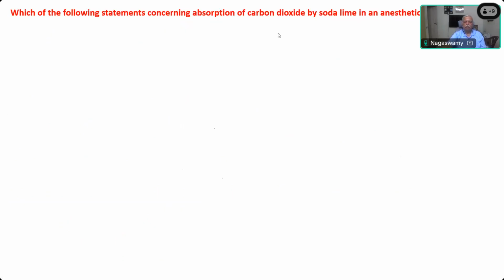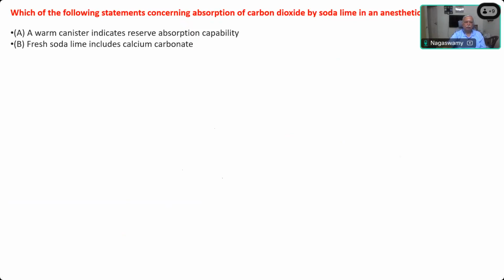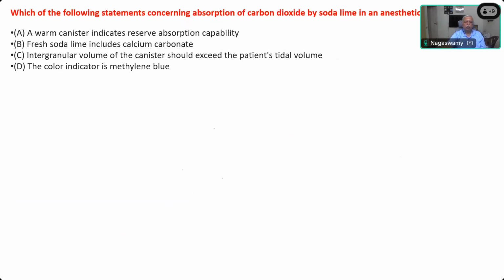Which of the following statements concerning absorption of carbon dioxide by soda lime in the anesthetic circuit is correct? A warm canister indicates reserve absorption capability. Fresh soda lime includes calcium carbonate. The granular volume of the canister should exceed the patient's tidal volume. The color indicator is methylene blue. The reaction removes water.